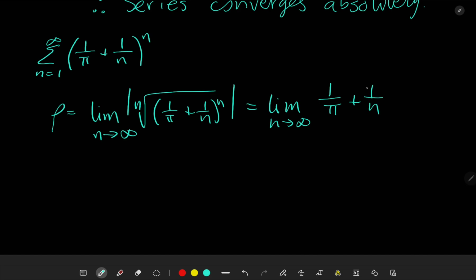And then you notice that as n goes to infinity, 1 over n goes to 0. This gives you 1 over pi, which is less than 1, because 1 over pi is less than 1/3, less than 1. So then this series converges. This is not quite a geometric series, because you have that 1 over n added, but almost, right? So the series converges absolutely.